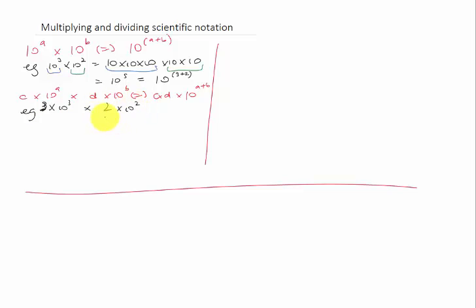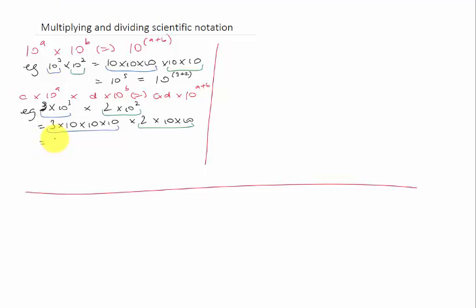Here we've got the coefficients and the exponents to deal with. But anyway, that's 3 times 10 times 10 times 10 times 2 times 10 times 10. Then we can regroup them together. You can multiply numbers in any order you like.